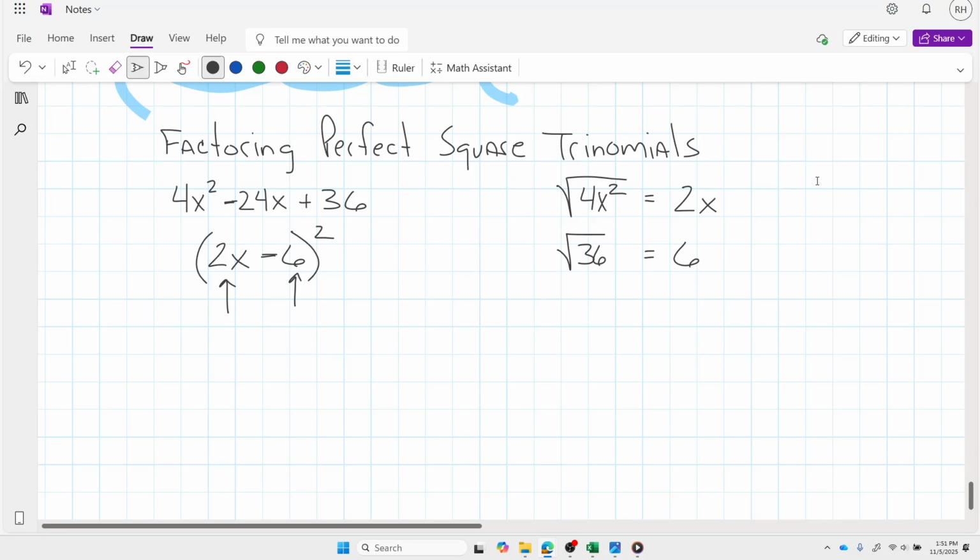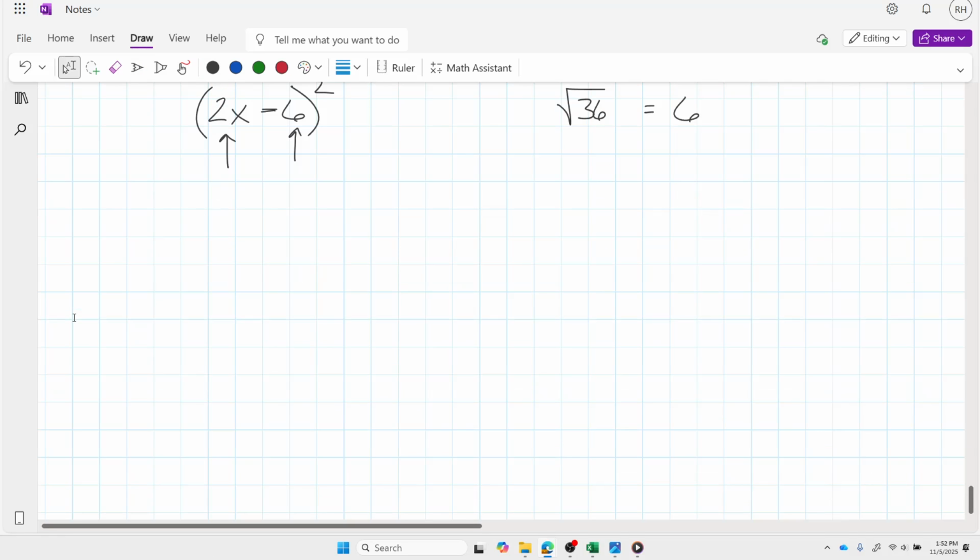So then if you had 64x squared minus 16x plus 1. 64 is a perfect square, isn't it? 1 is a perfect square.